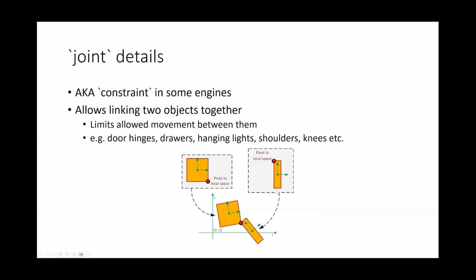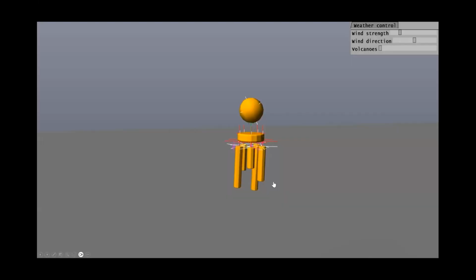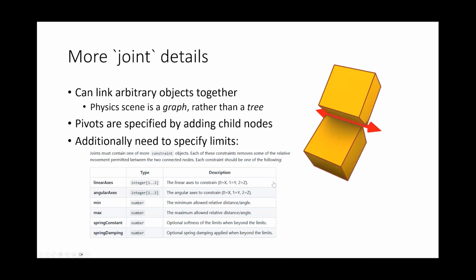And so that gives you a coordinate system in the space of each body. And within that coordinate system, you can say, on my x-axis, I want to limit movement on that axis.